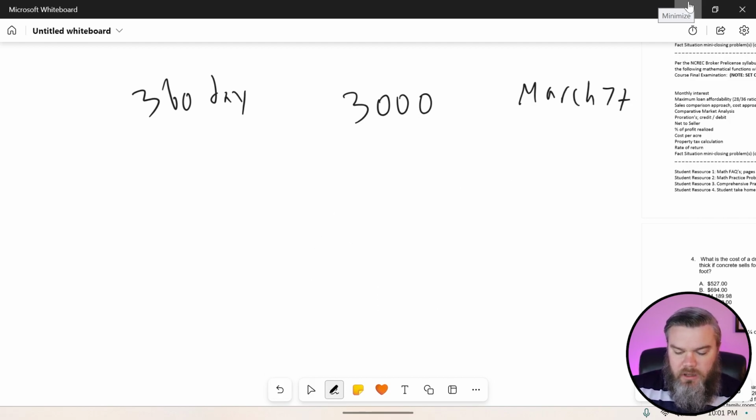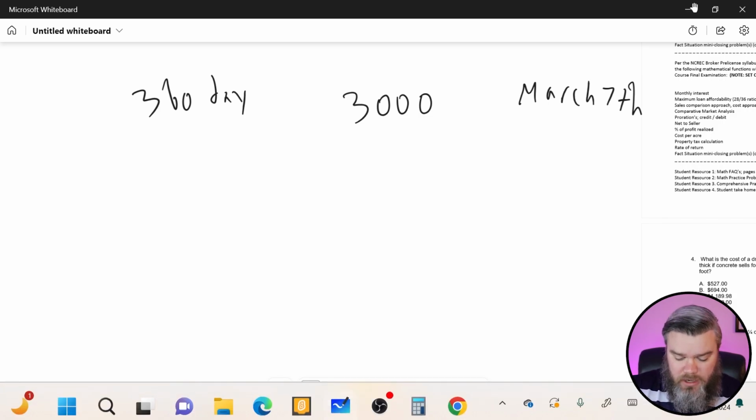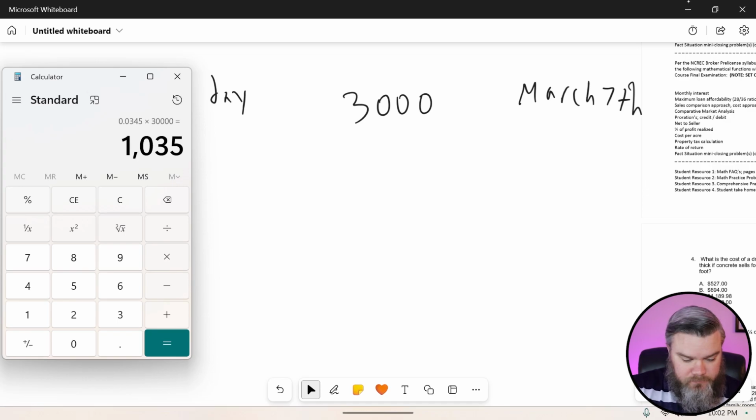If we're dealing with a 360-day year, $3,000 tax bill, closing on March 7th, the first step is to figure out how much somebody would owe per day, because we're going to be calculating how much you owe for a period of days. So let's bring our calculator up.